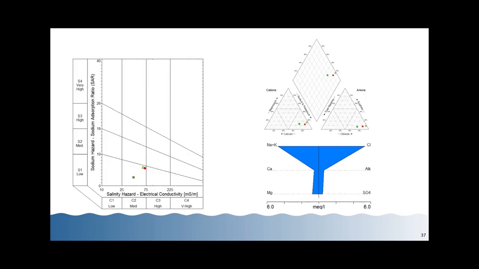So these are a couple of the more standard chemical diagrams that we produce from these samples, and these can be used to compare different groundwater chemistries to each other to see whether they are a related groundwater resource. At the top, on the right hand side, we have the Piper diagram, and below that the Stiff diagram.